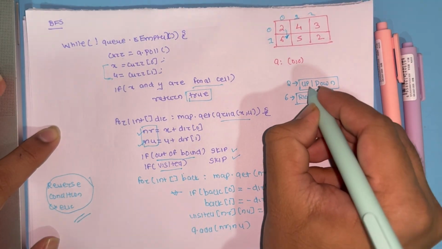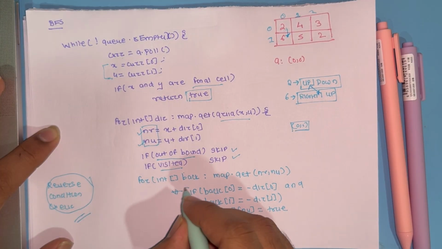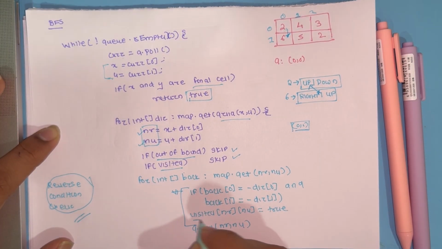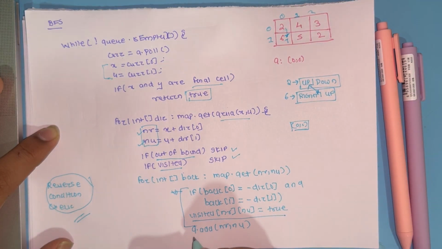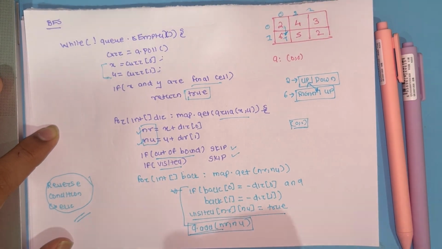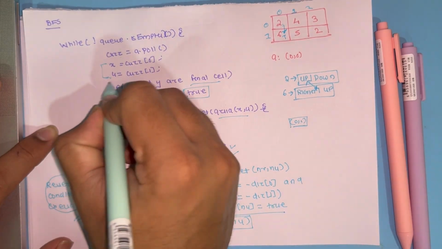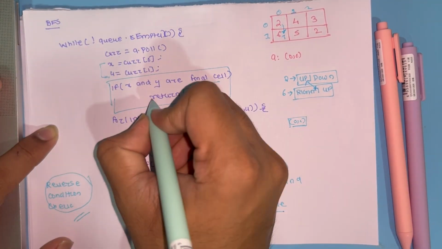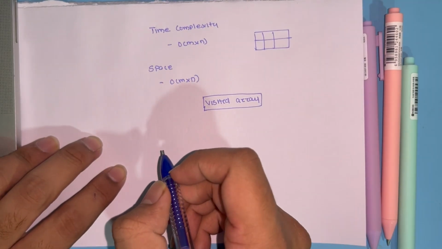Means we are just checking if their opposite directions are possible here. So if we find any valid opposite direction, we'll just mark the cell as visited, we'll mark this as true, and we'll just add it for the next iteration. So all the iterations will be done, and if a valid possible path is present, we will return the answer from here.